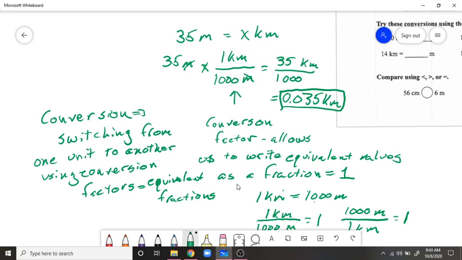All right? That is what conversion is when we are switching from one unit to another.